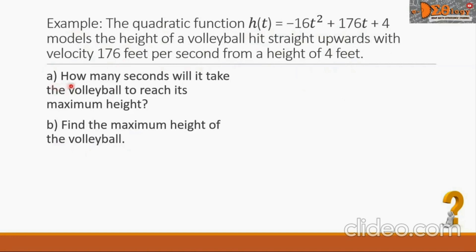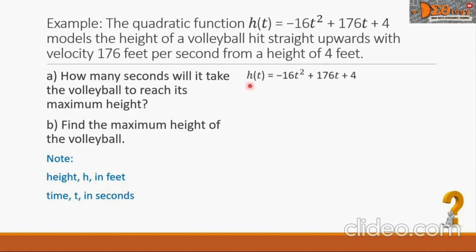Letter A. How many seconds will it take the volleyball to reach its maximum height? Letter B. Find the maximum height of the volleyball. Take note, our height denoted by h is measured in feet, while time denoted by t is measured in seconds.